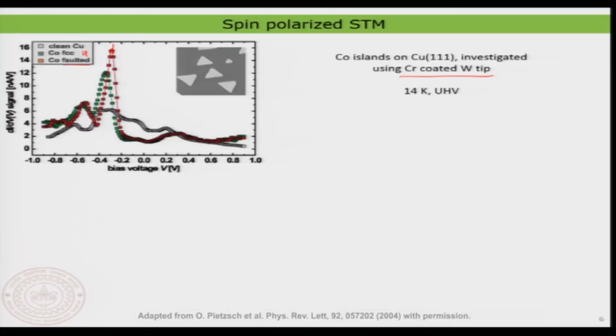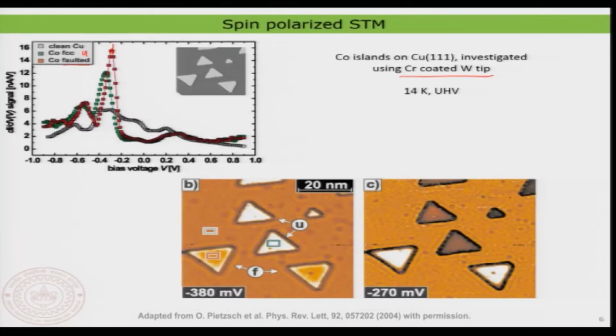Now, you can also make a dI by dV map. So, that is something I have also told you. You can measure the dI by dV map at particular energies, which are indicated here, 207 and 380.